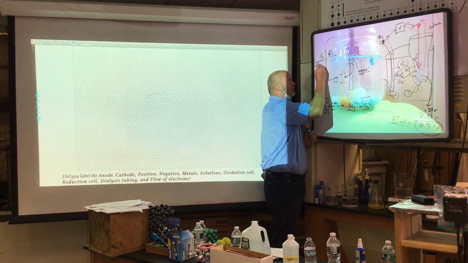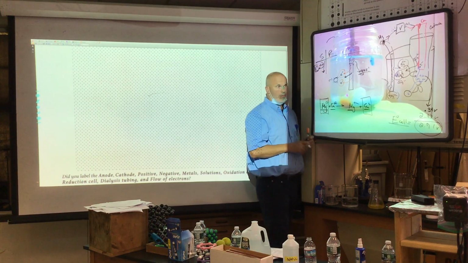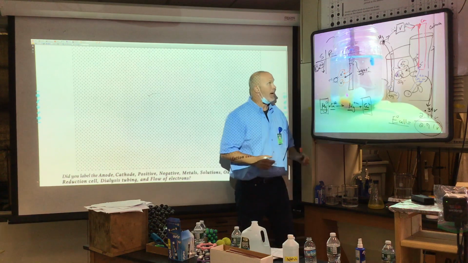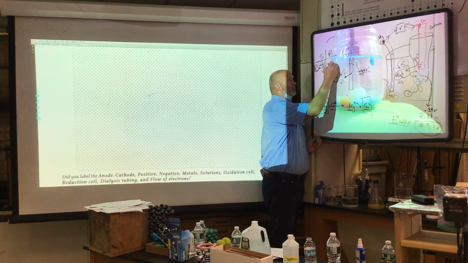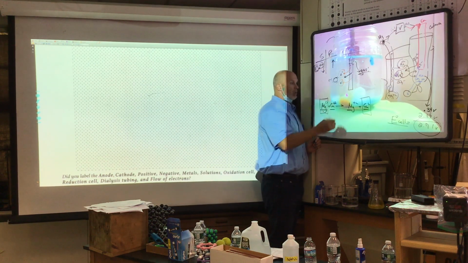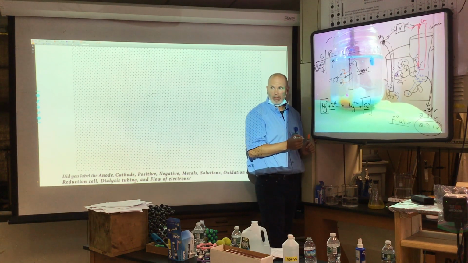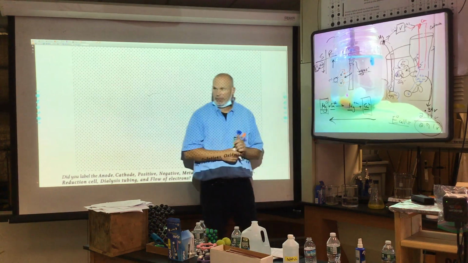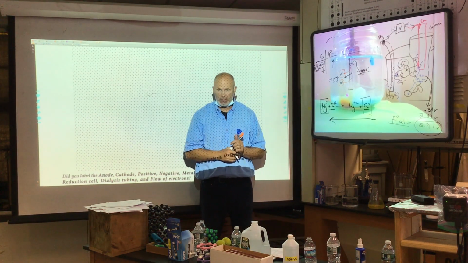If copper plus 2 concentration was going down by it moving by diffusion out of the bag, what is the response? To make more of it, which now makes this shift where? If I need to make more copper plus 2 to regain my, yes, what is that going to do to my expected voltage? That's right.